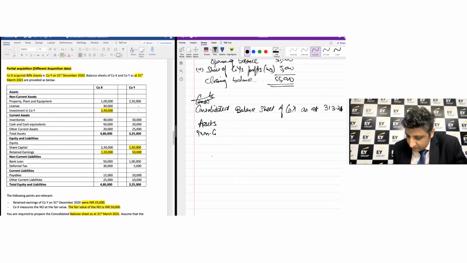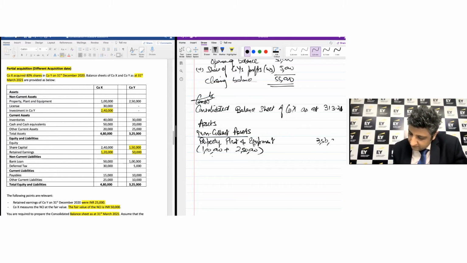Assets, non-current assets, wherein we have property, plant and equipment, 1 lakh plus 2,50,000.